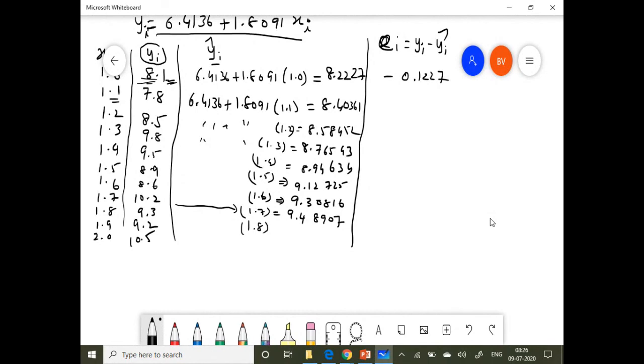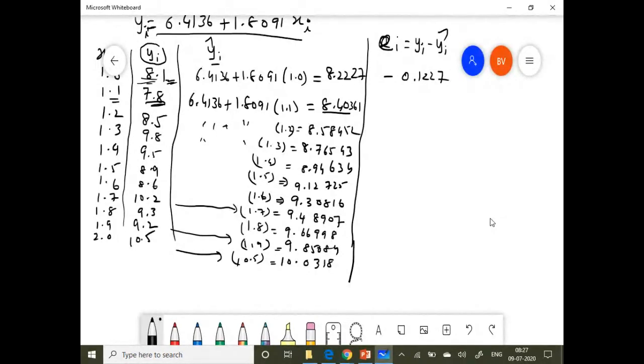For 1.8, 9.66998. For x value 1.9, it will be 9.85089. For x value 2.0, you will get 10.0318. That's yi cap.